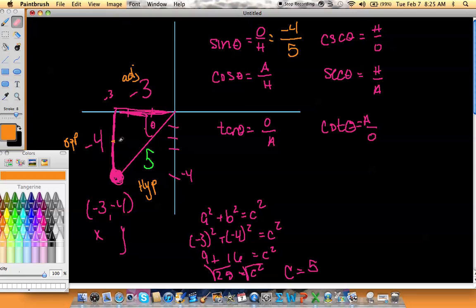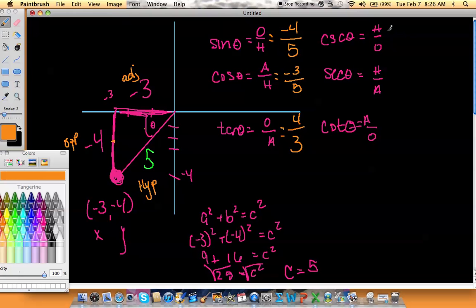The cosine, again, is the adjacent over the hypotenuse, so it's -3 over +5. And the tangent is -4 over -3, which makes it +4/3.